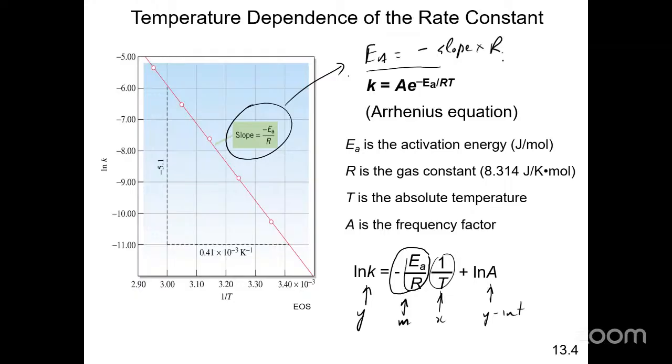So that's how you can calculate the activation energy of a reaction based on this kind of data. That shows you the relationship between the rate constant and temperature. As the temperature increases, the rate constant increases, and if the rate constant increases, then the rate of the reaction increases.